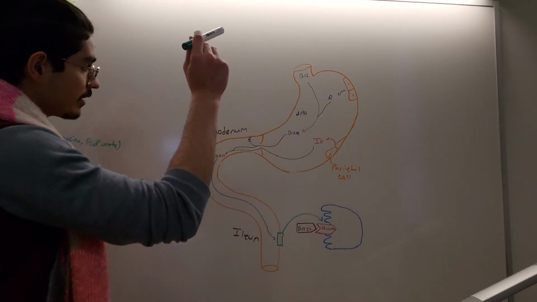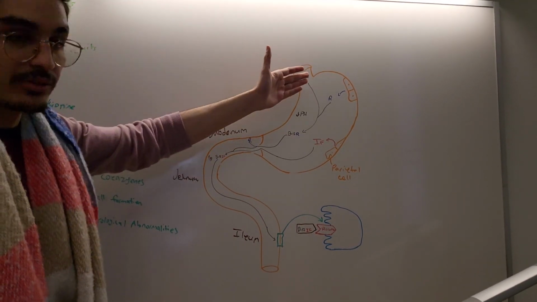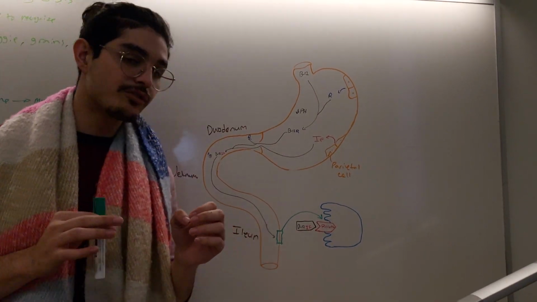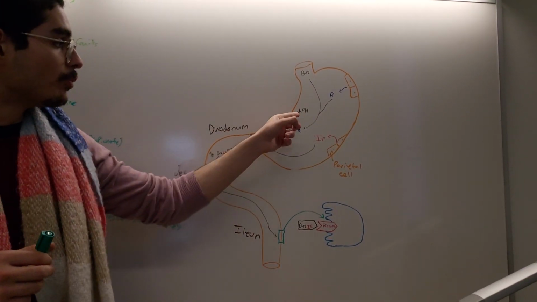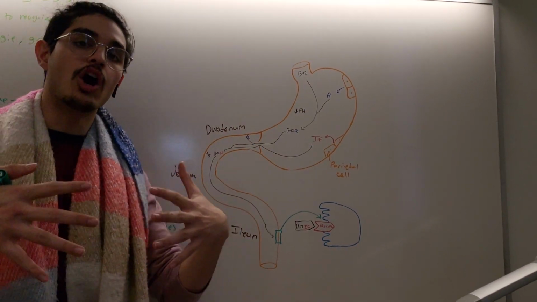Okay. Now, when B12 enters from the esophagus into the cardia, into the stomach, okay, it's prevented from getting degraded by the low pH of the stomach by binding to R protein.